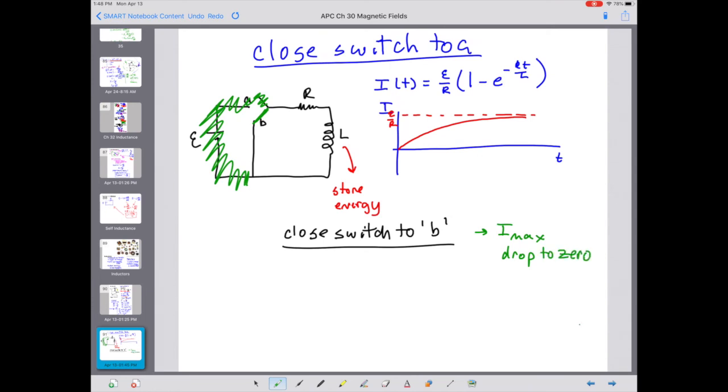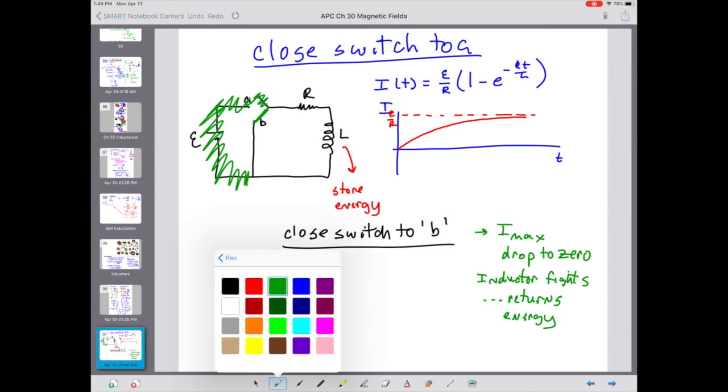But as it tries to drop to 0, your inductor fights that. So then your inductor returns, I don't know if returns is the best word, but it works, returns the energy that it stored in that magnetic field to push the charges, to keep them moving until it has exhausted its energy.